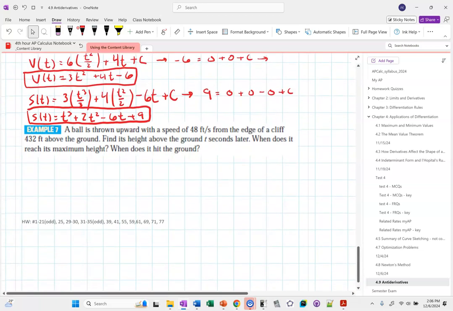Last example, a ball is thrown upward with a speed of 48 feet per second from the edge of a cliff, 432 feet above the ground. Find its height above the ground t seconds later. When does it reach its maximum height? And when does it hit the ground?